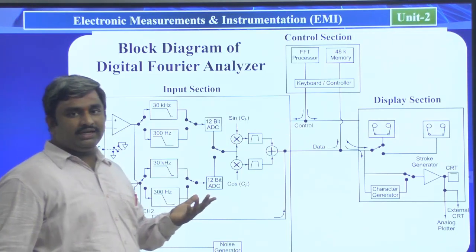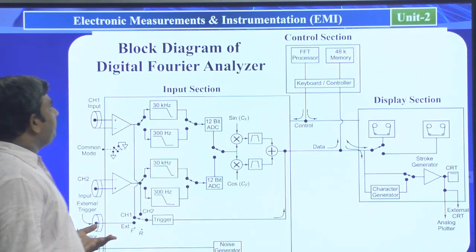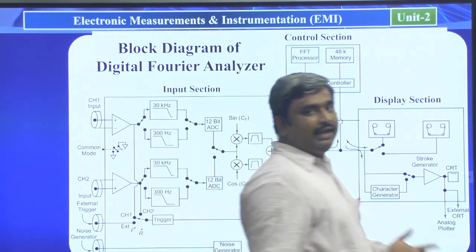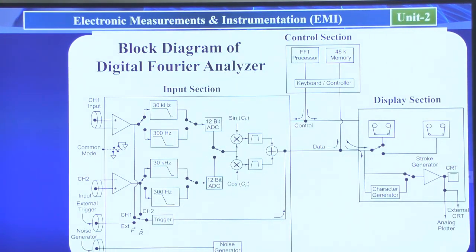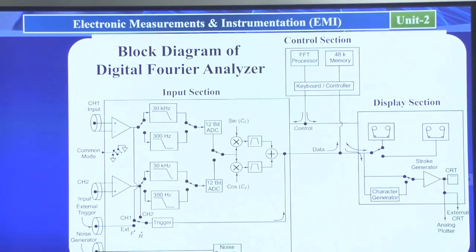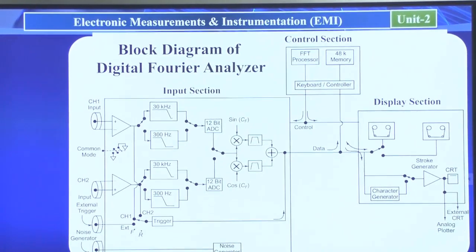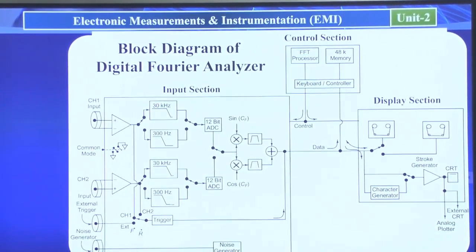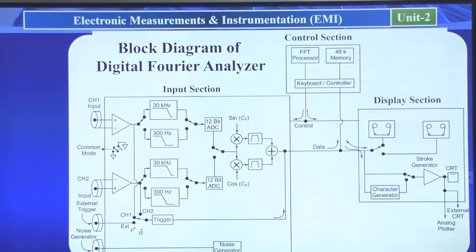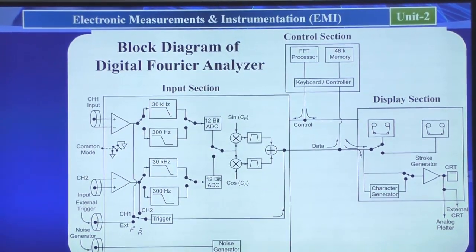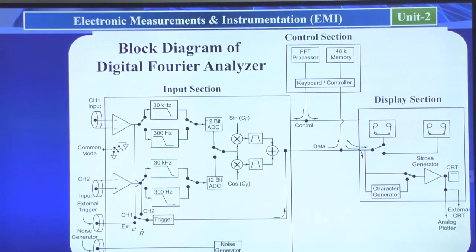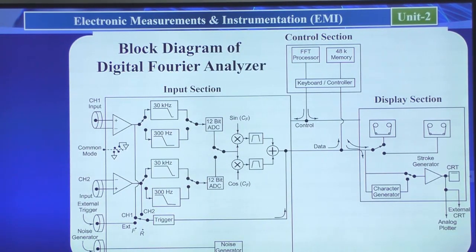Let us see the complete block diagram of the digital Fourier analyzer. So this is the basic block diagram of the digital Fourier analyzer.